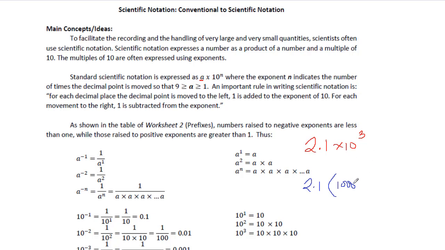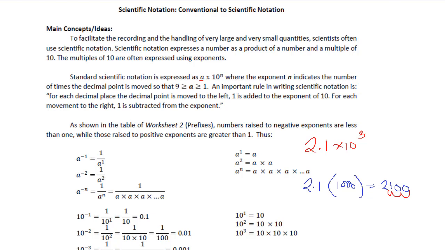So in this case, it's just 2.1 times 1000, or basically we move the decimal place 3 steps to the right. 1, 2, 3, and now we get 2100.